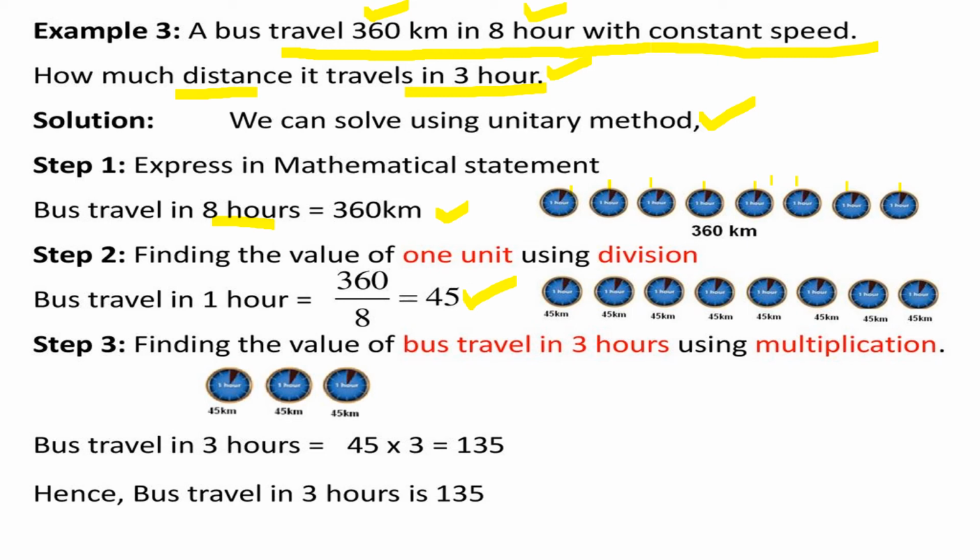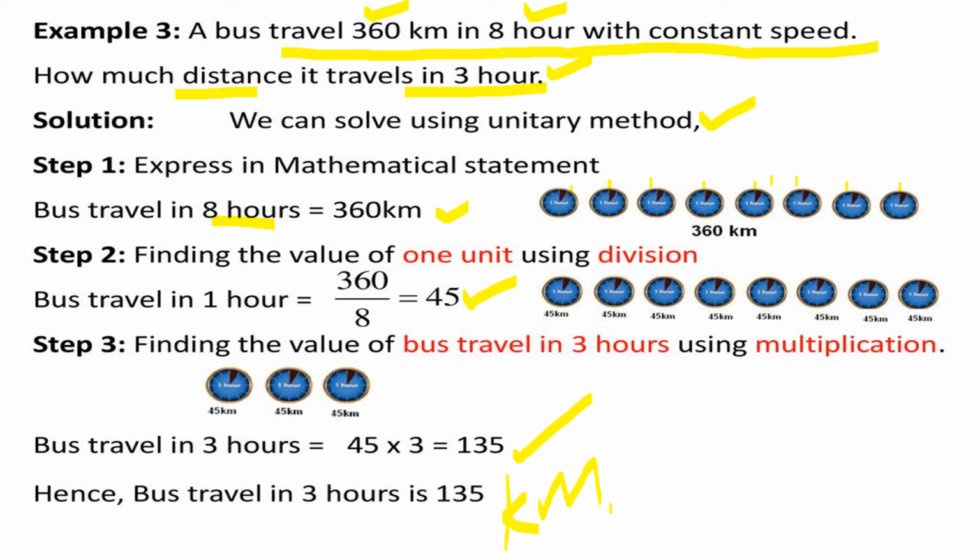So how much distance will it travel in 3 hours? 3 into 45. So how much distance will it cover in 3 hours? 135 kilometers. See, the question is given to us in kilometer, meter, rupee symbol, whatever units they give, while completing the question we use that unit only.